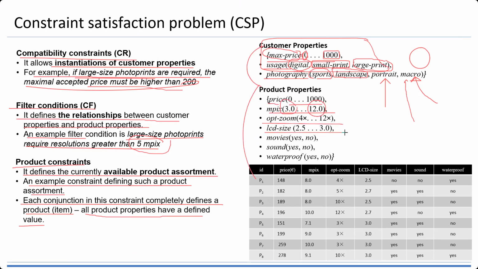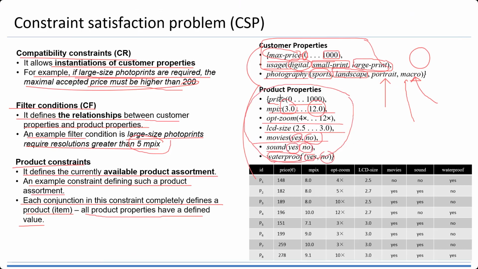The LCD size is in between 2.5 until 3. The movies property means whether the camera can support movies or not. Sound, whether the camera can save sound or not. Waterproof, whether the camera is waterproof or not. So these are the product properties.